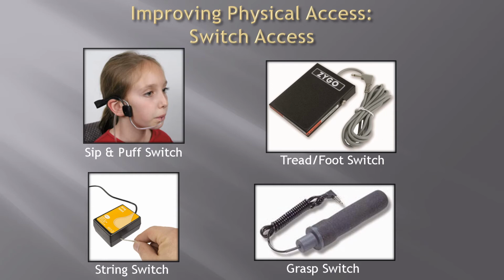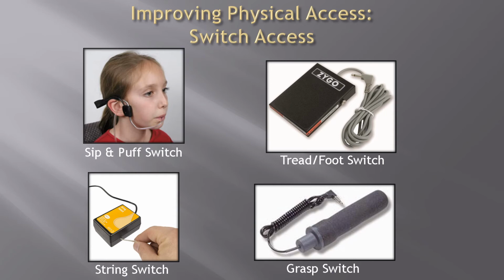Here on the top right is a tread or foot switch. You might have seen one of these attached to a sewing machine, often used with a foot. They are very rugged, so if you have an individual with strong, big movements, this might be a good option for them. You just hit anywhere on the top surface to activate it.